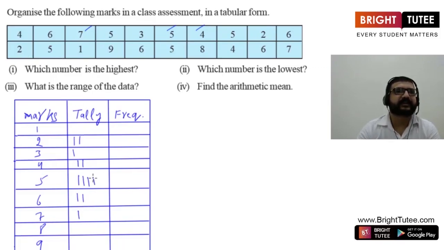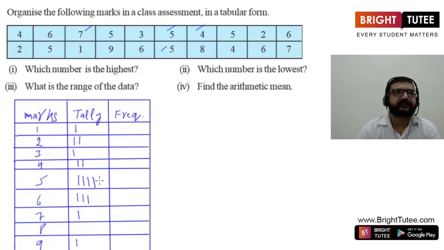So one more line will come in front of 5, and then we have 1. We will mark one line in front of 1, and then we have 9. We will mark one line in front of 9, and then we have 6. So we will mark one line here in front of 6, and then we have 5.